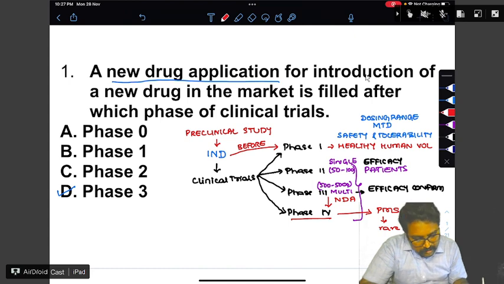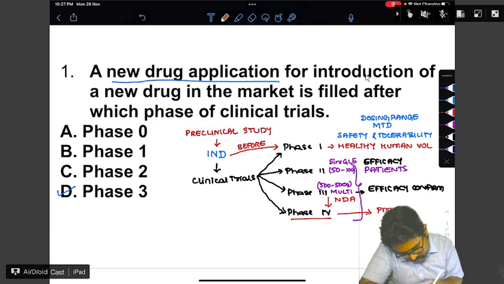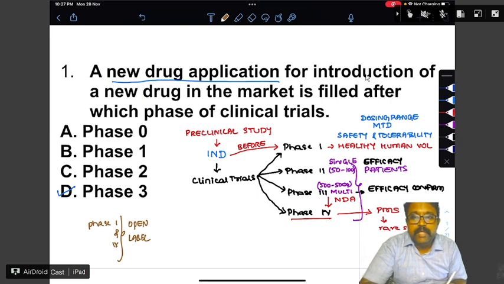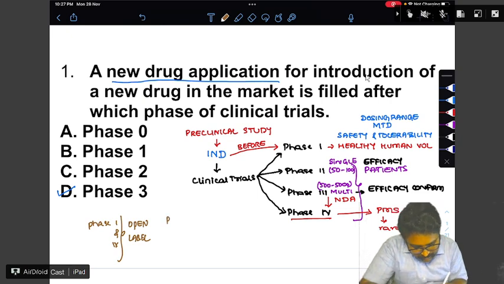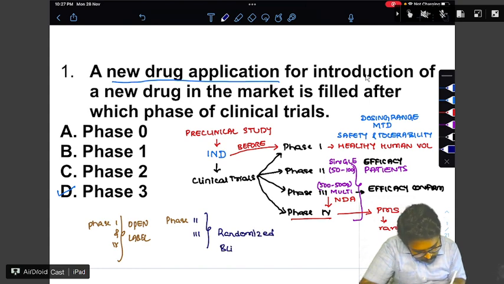And one more thing you should remember: phase 1 and phase 4 are open label studies, whereas phase 2 and 3 are usually randomized blinded studies.